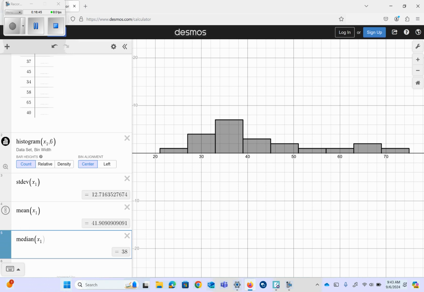So, the standard deviation in the context of this problem, if you were to write out the vocabulary for it, basically means that if you want to make it 100% like statistics, 68% of all of my data would fit between 41.91 plus or minus 12.7.